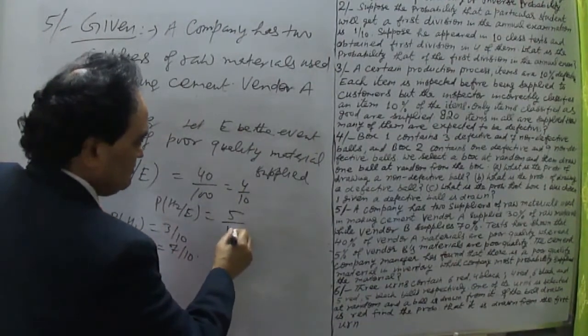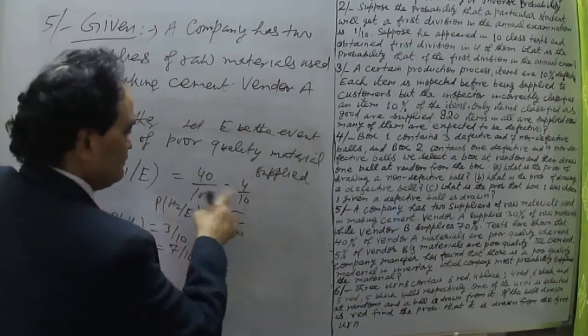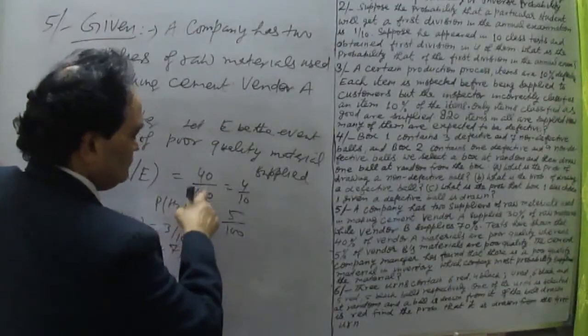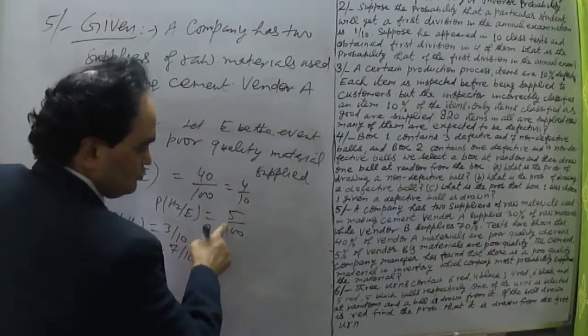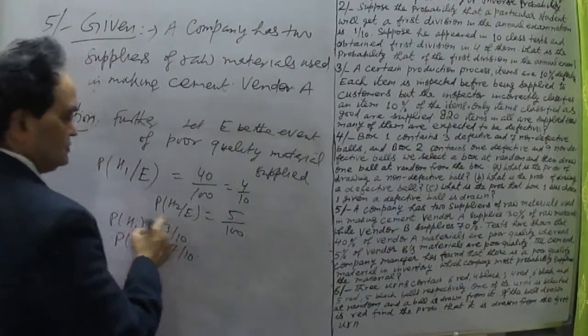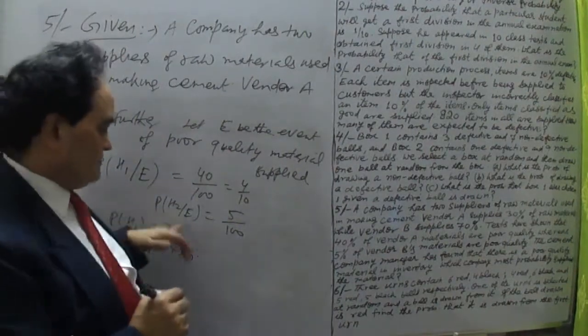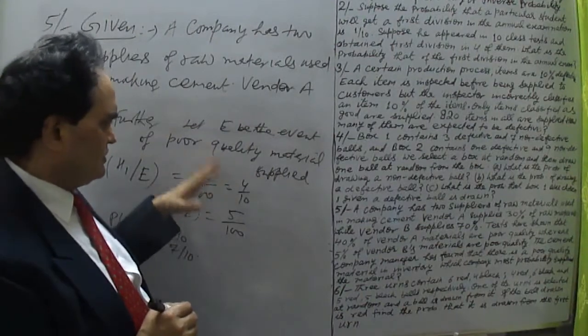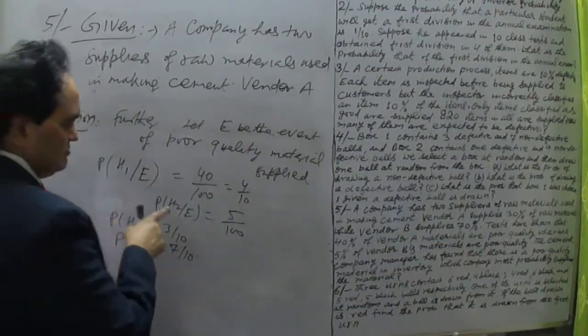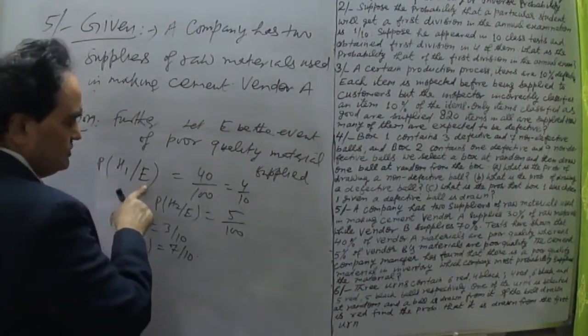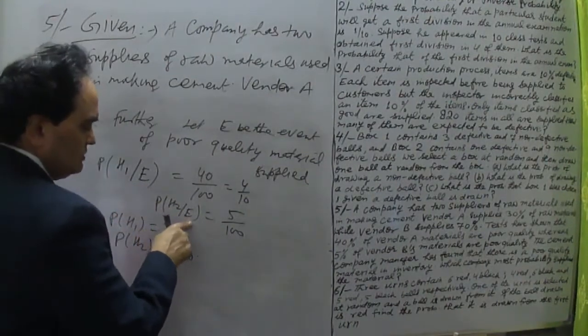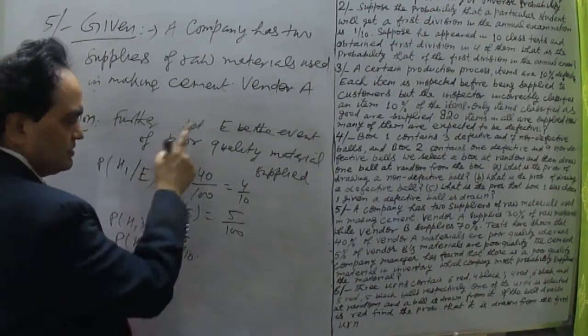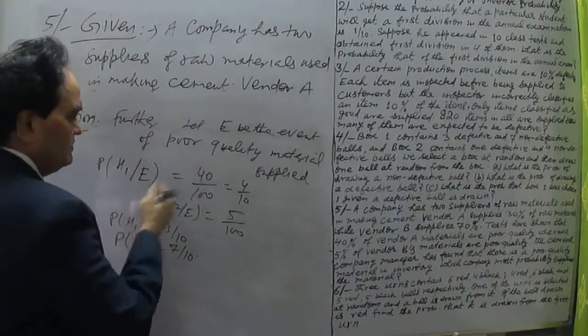This is 4 upon 10, and this comes out to be 5 upon 100 for H2 given E. Vendor B supplied this material, or A or B, we are taking. Here we could take A given E, B given E, or I have taken the events H1, H2, but we could take A and B.